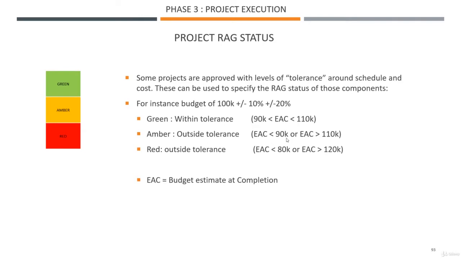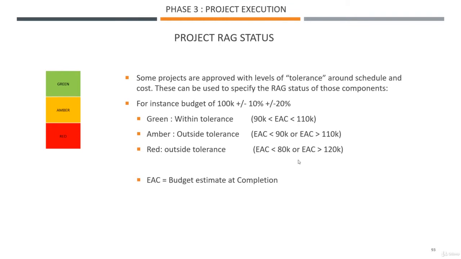If, on the other hand, you realize that your budget at the end of the project will be smaller than 90,000 or bigger than 110,000, then you should put yourself amber on this. Unless it's even worse and your estimate will be under 80,000 or above 110,000.